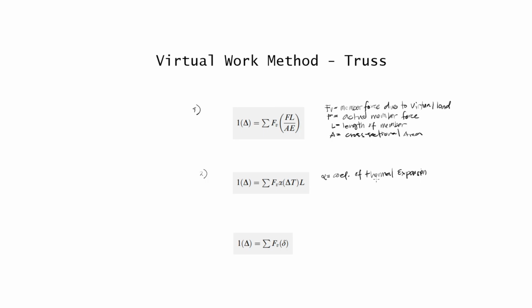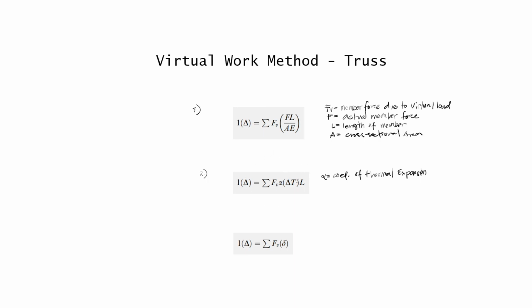Okay? So, alam naman natin na kapag nagbago yung temperature, sobrang init, sobrang lamig, di ba, nagkakaroon ng deformation yung ating mga member. Okay? So, ito yung pagkuha ng deflection natin.